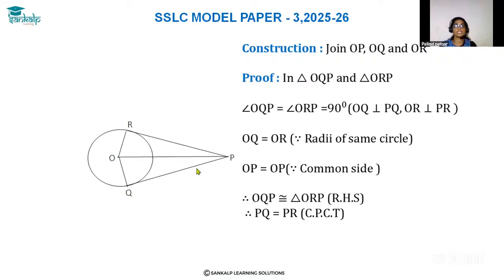So by the right angle, hypotenuse, side criterion, triangles ORP and OQP are congruent triangles. By corresponding parts of congruent triangles, PR is equal to PQ. Hence the proof. Thank you.